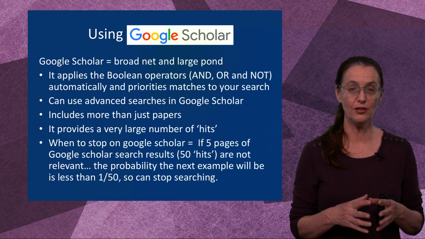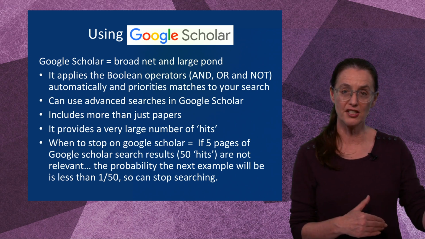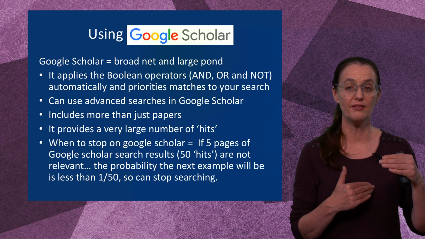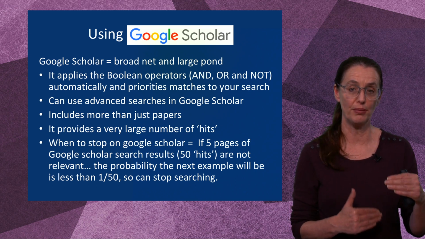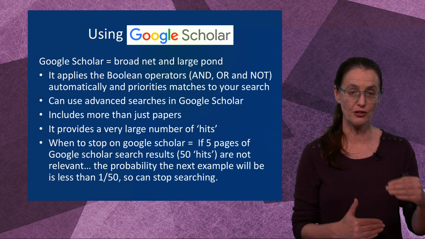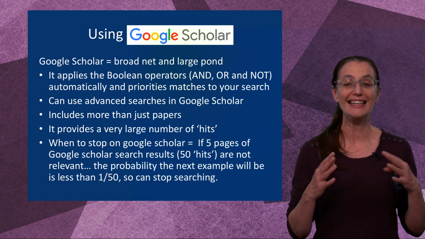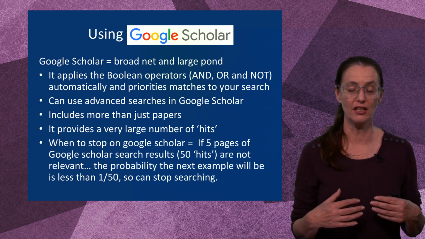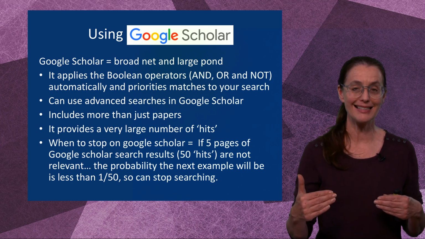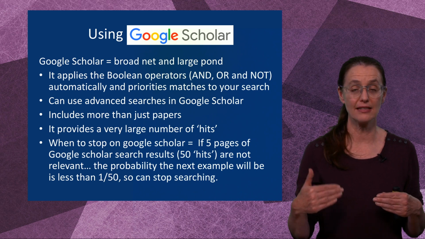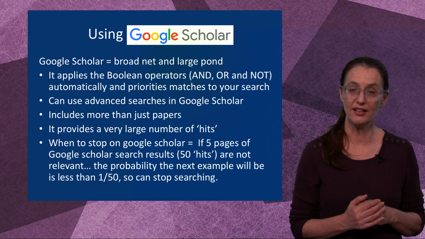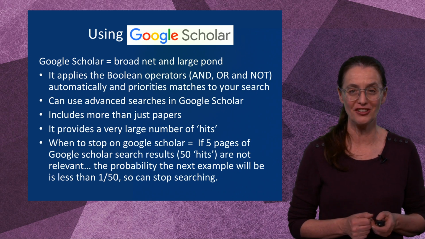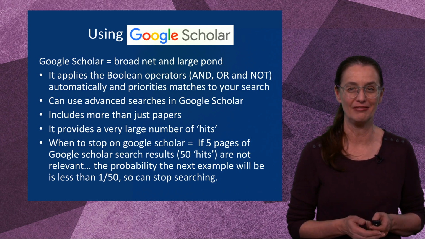If you go through the Google Scholar results, and they've prioritized them by how closely they match your search criteria, and you have 10 citations or hits per page, if you've managed to search 5 pages in a row and none of the papers or objects, the hits, match your search criteria, then the probability that the next example will match your criteria is less than 1 in 50. And at that point, I think it's pretty reasonable to stop searching. So that's a strategy around using Google Scholar explicitly.